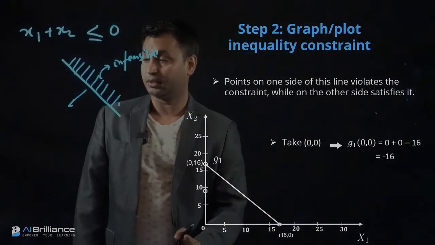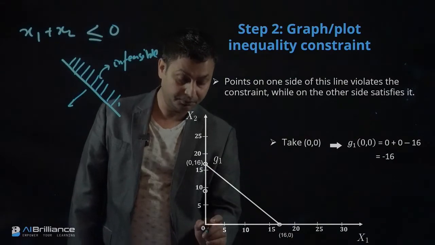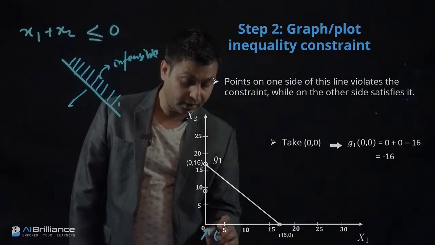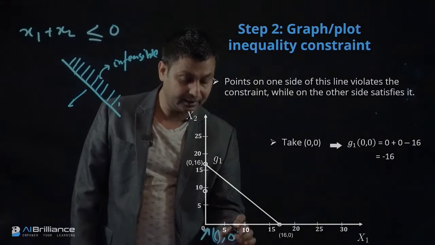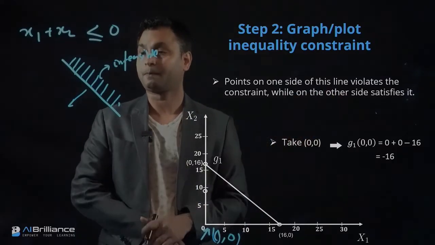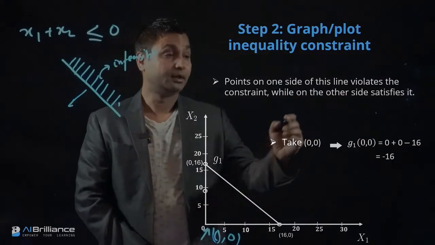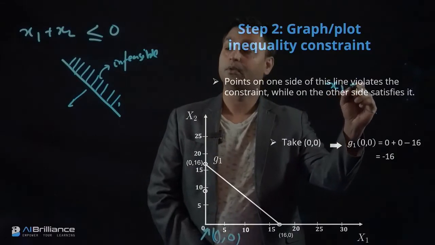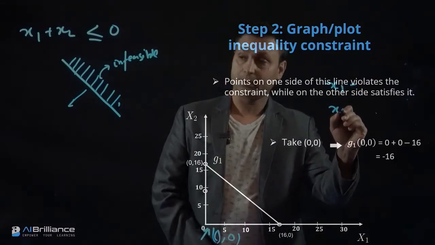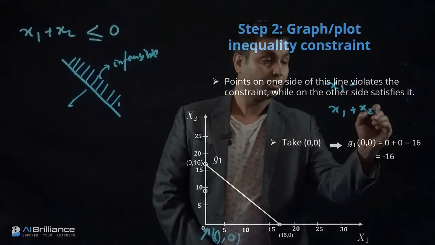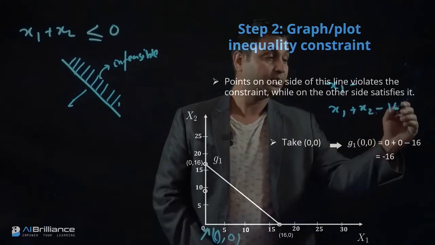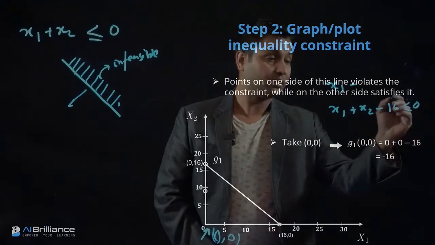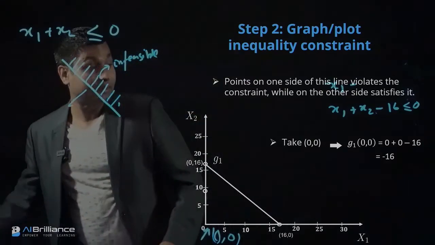the origin, which is right here, this point 0, 0, and put that in the equation of the line that we have. Recall the equation of the line was x1 plus x2 minus 16 less than or equal to 0, the inequality constraint that we are interested in.